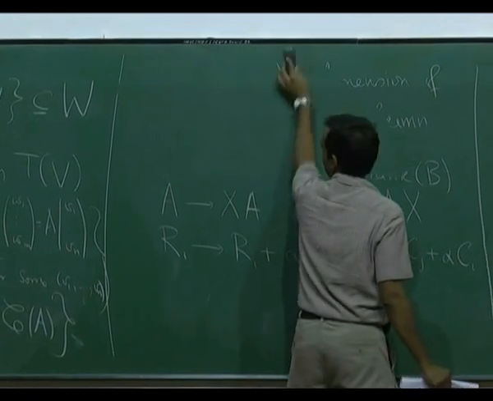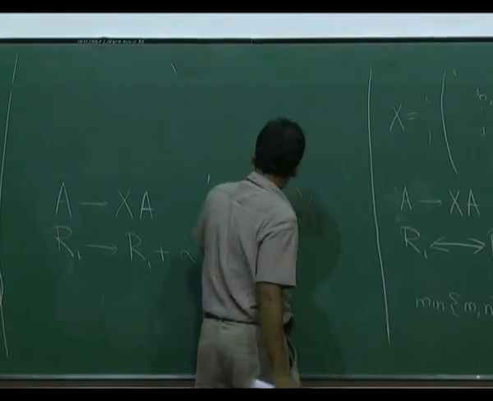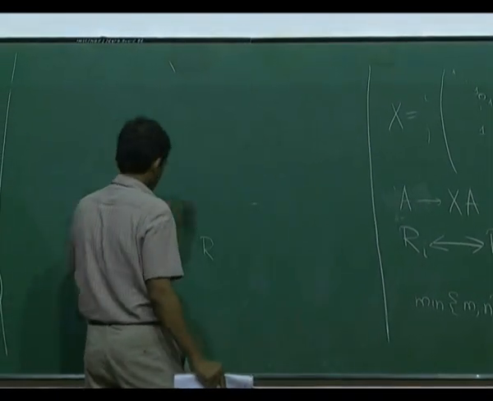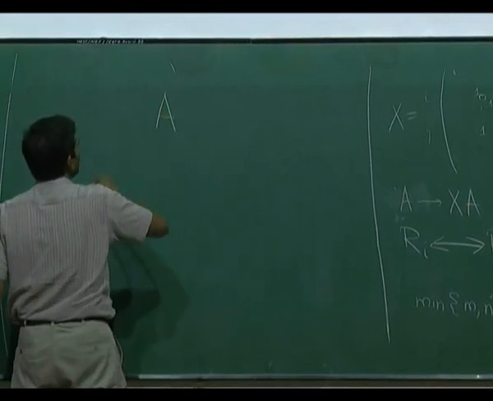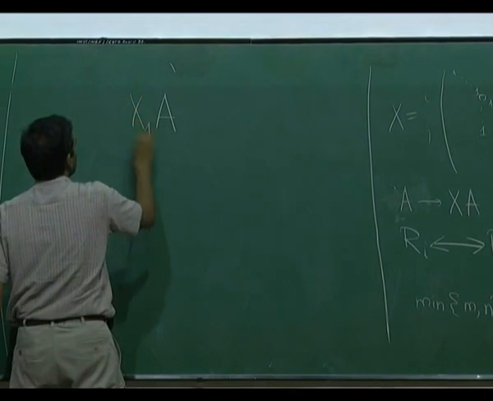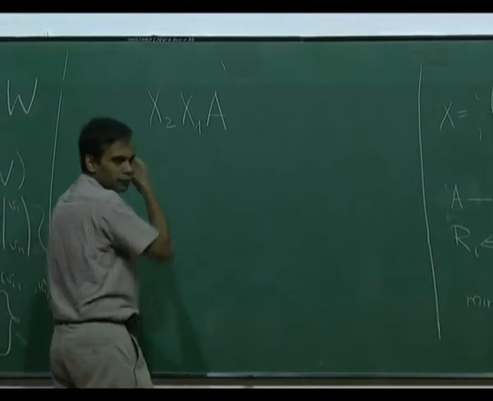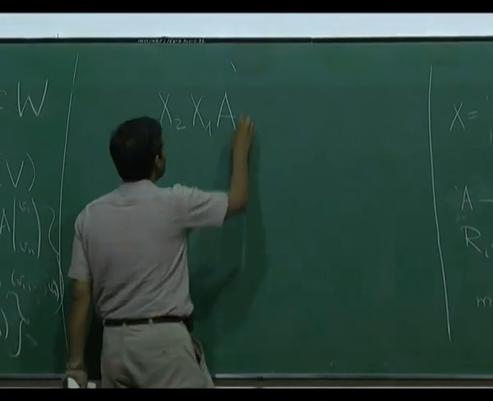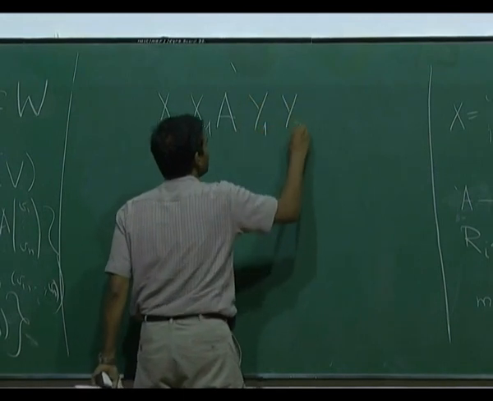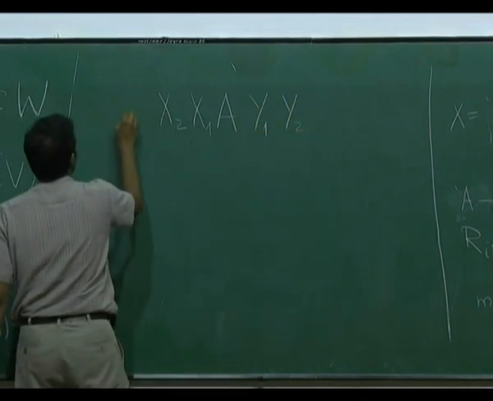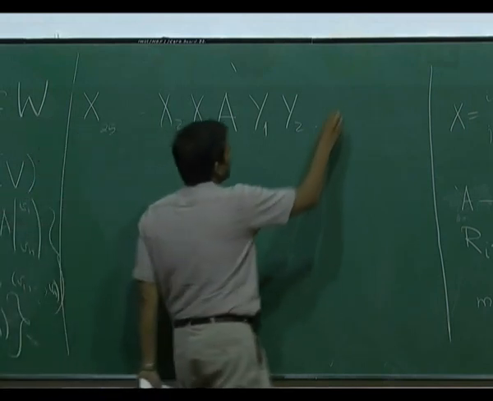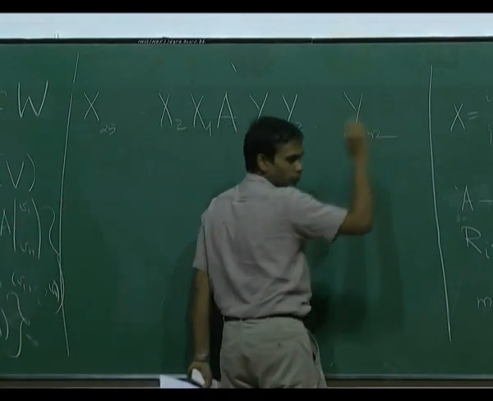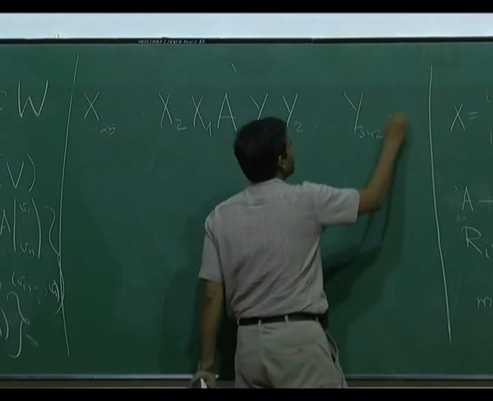I am taking my non-singular matrix A, and then I am doing row operations x1, x2, and some column operations y1, y2. So maybe I do 25 row operations and 342 column operations, and I get identity.